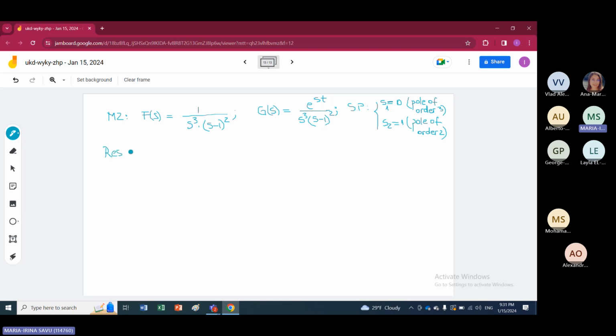Let's find the residue of the function g of s in s equals 0. So this is 1 over 2, because you have 1 over n minus 1 factorial and n is 3. So this is 1 over 2 factorial, which is 1 over 2, times the limit when s goes to 0 of s minus 0, which is s at the power of the order, times this function.